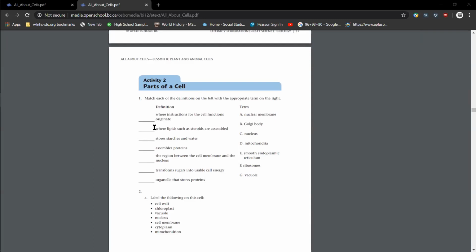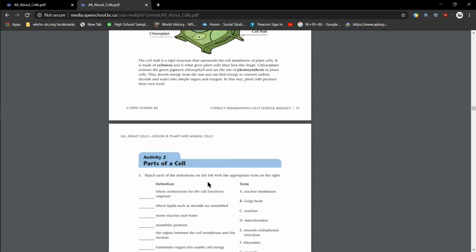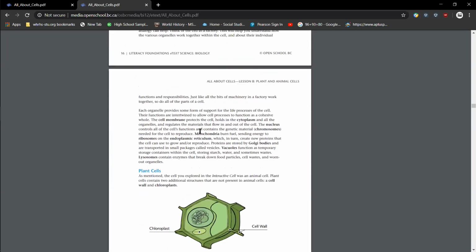So the next one is, they didn't really talk about, so I'll just explain it, where lipids such as steroids are assembled. You know how I said the endoplasmic reticulum creates proteins, but there's actually two divisions of the endoplasmic reticulum, what we call the rough endoplasmic reticulum and the smooth endoplasmic reticulum.